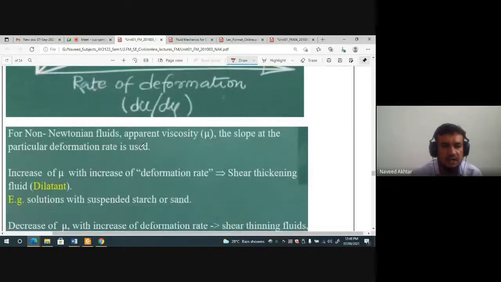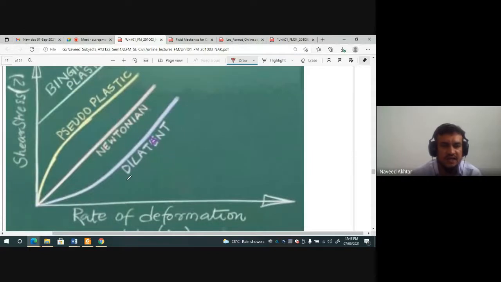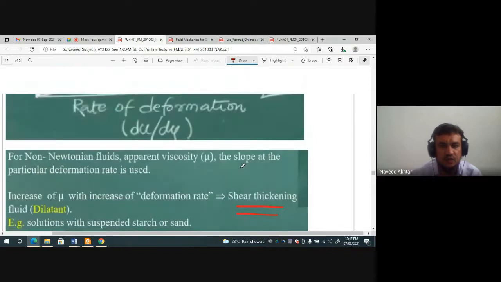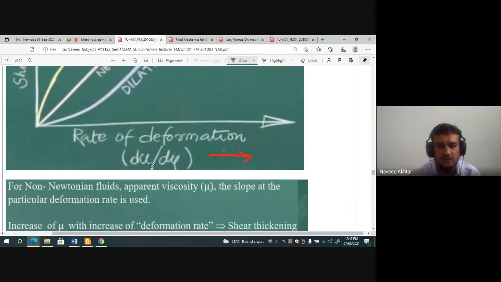Then you have seen the Newtonian fluid, and the dilatant and pseudoplastic fluids, and we are also seeing shear thickening and shear thinning. What is shear thickening? It means that as the deformation goes on increasing, we require more force to maintain that deformation.